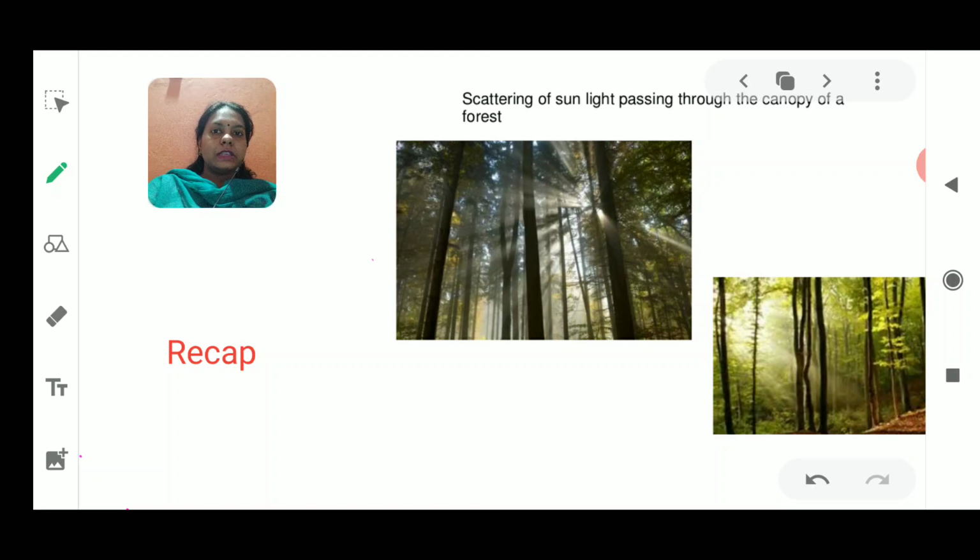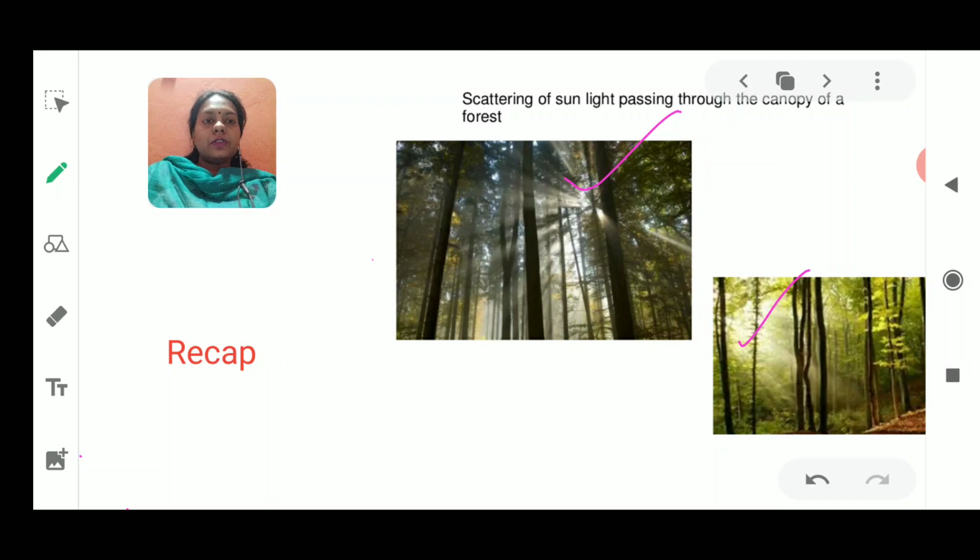We have also seen that there are certain phenomena related to dispersion. The first phenomenon we discussed was the scattering of light. As you could see on the back side of this slide, two pictures show the forest, and the sunlight is coming from in between the trees.